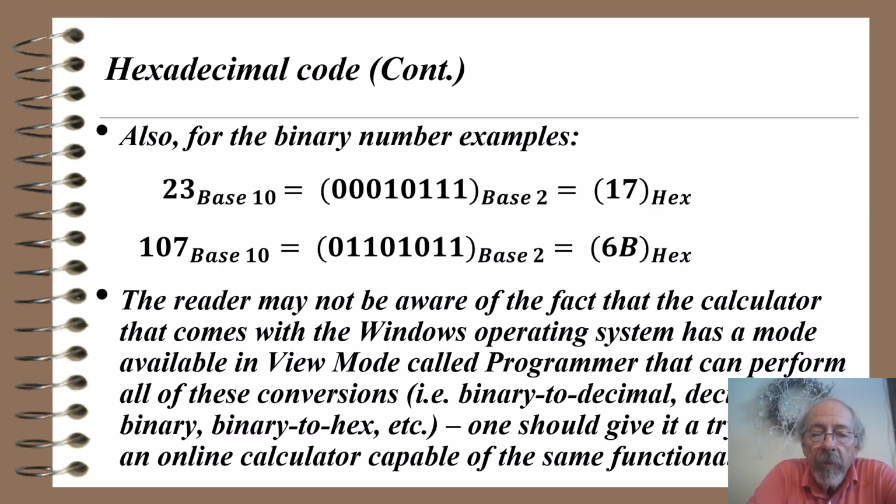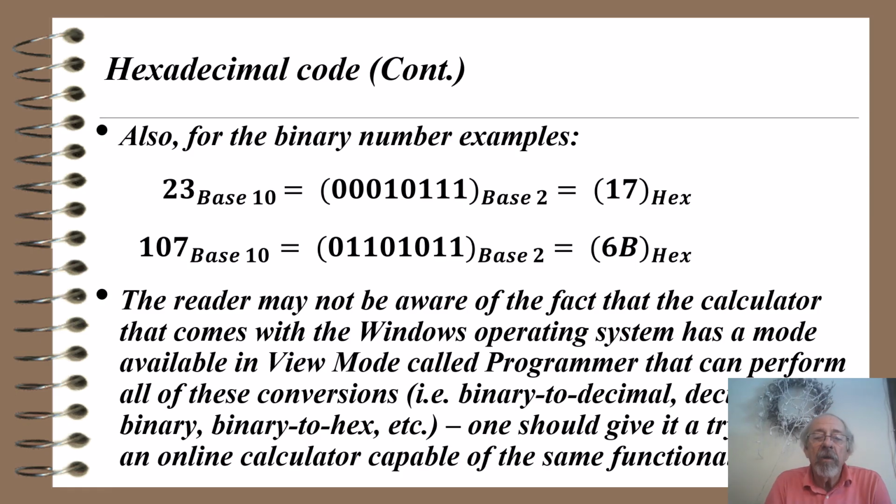If you take the first 4 bits of those 8, you see 6. The next 4 bits, 1011, stands for hexadecimal B. So 107 decimal is 6B in hexadecimal.